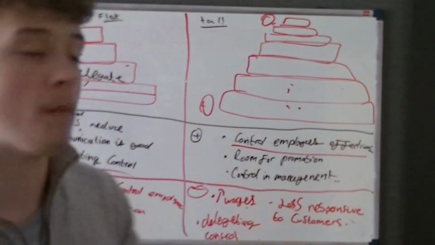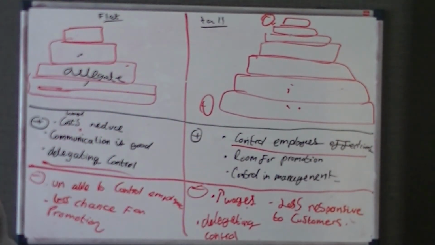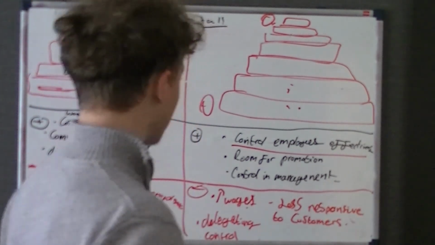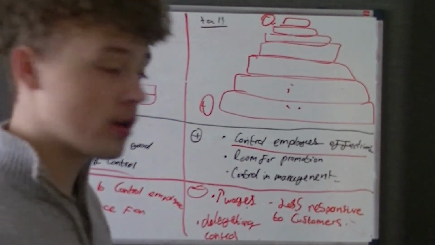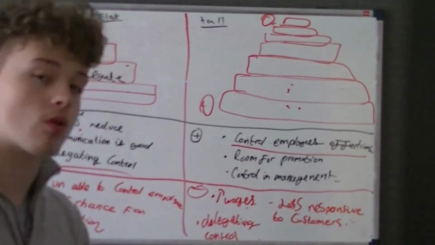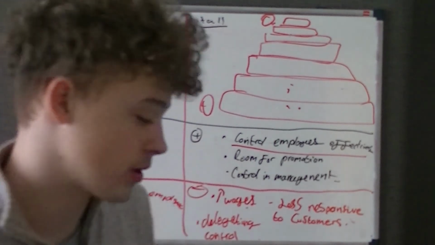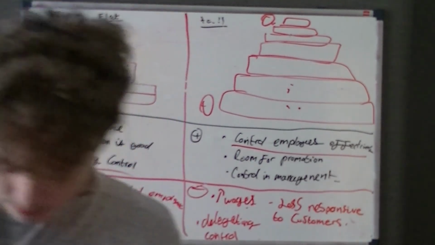Your disadvantages are obviously higher wages if you've got more people at the top of the business. It takes longer for messages to get through, so you're less responsive to customers, and word of mouth could be distorted as it goes down through the business. It might not end up as what the manager at the top wants to what happens in the shop, with the people on the shop floor.